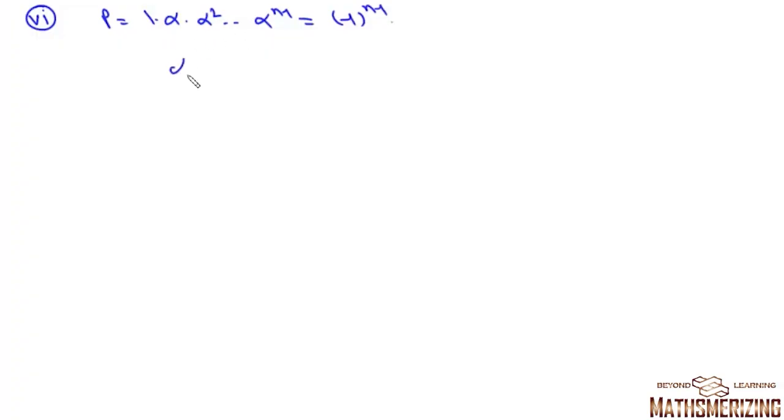Here the sum of powers will be alpha to the power n minus 1 by 2. Now alpha is e to the power iota 2 pi by n. So we can write this as e to the power iota 2 pi by n into (n minus 1) by 2. This 2 will cancel, n will also cancel.